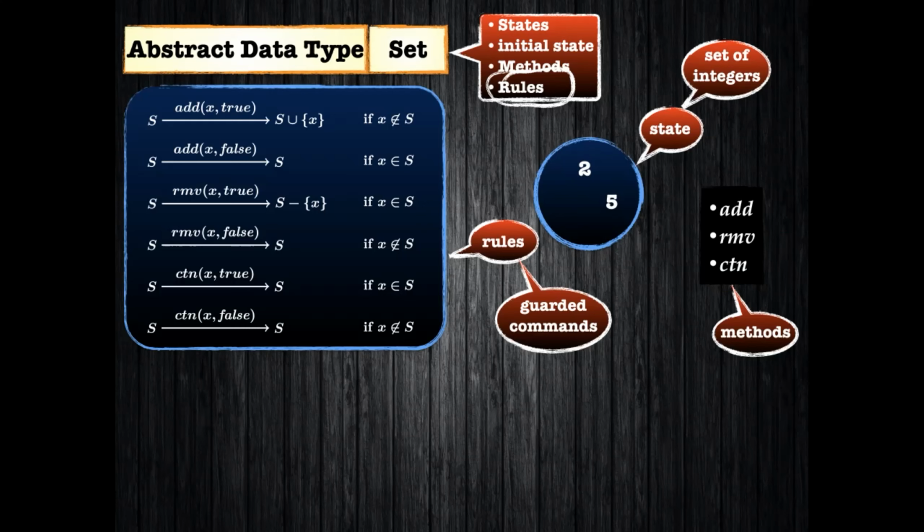The command has a source state, a target state. It describes to you how the abstract data type changes its own state. It has an operation which corresponds to the atomic execution of a method given input and output parameters. And all this can be done provided that the guard is satisfied.